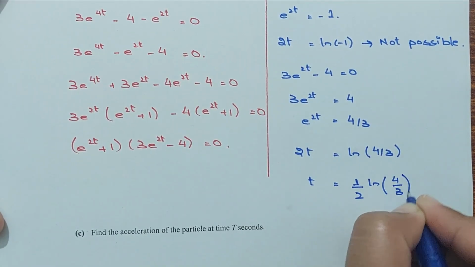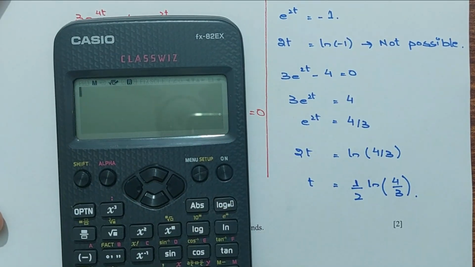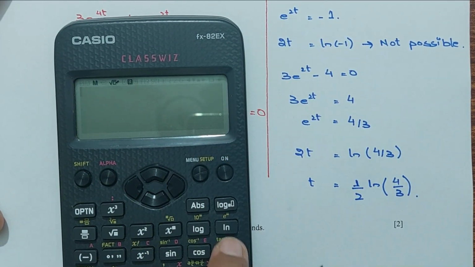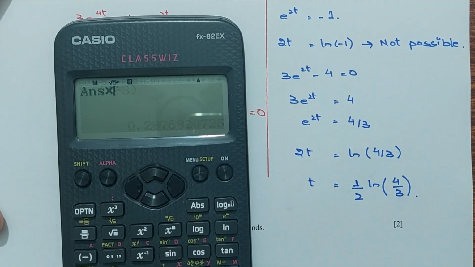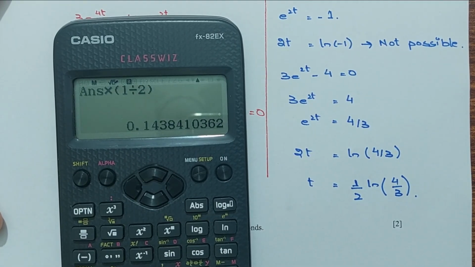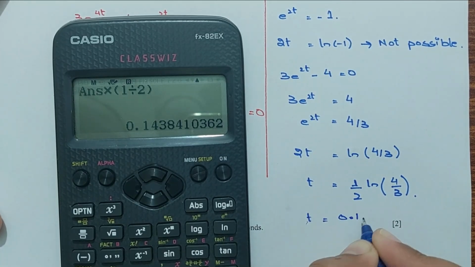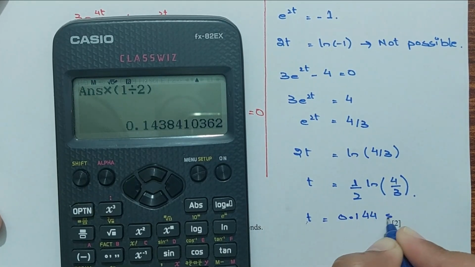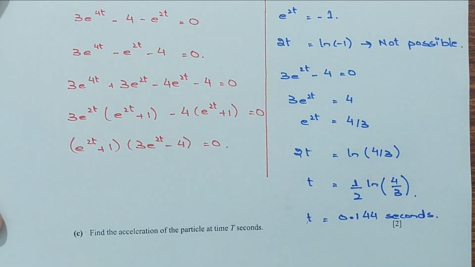Now we have to solve for the time t seconds. Let me simplify. Natural log of 4 by 3 times 1 by 2 is 0.144. So t is equal to 0.144 seconds when the particle is at rest, right?